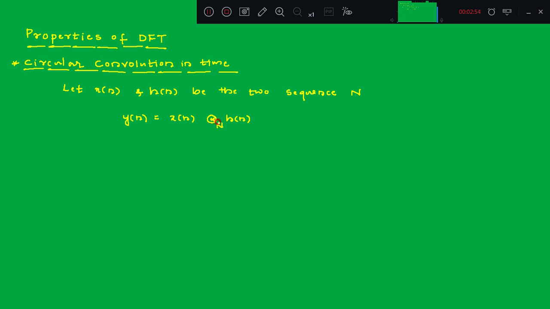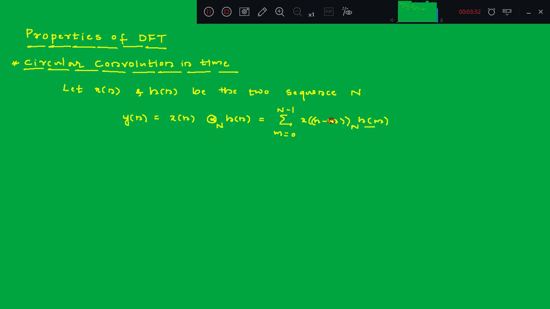It is an N point circular convolution between the two time domain sequences x of n and h of n, and using the summation it is given by the formula summation m equal to 0 to N minus 1, x of n minus m into h of m. Means here I have the x of n minus m sequence, and here I have h of m.